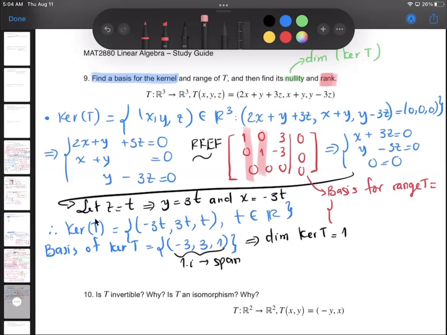Yeah, use this color maybe. If you look at here, dim of range T, which is equal to rank T. Oh, we don't have space. I'll go down here.